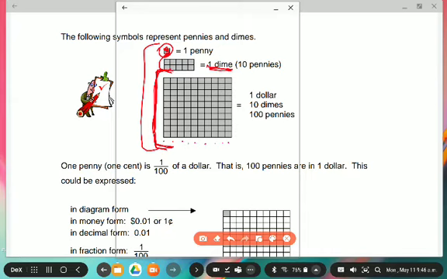And 1, 2, 3, 4, 5, 6, 7, 8, 9, 10. So 10 by 10, we've got a whole 100 pennies in here. What's an easier way of saying 100 pennies? If we go back to this guy right here, we can say 10 dimes. But if we add up 10 dimes, that equals 1 whole dollar.